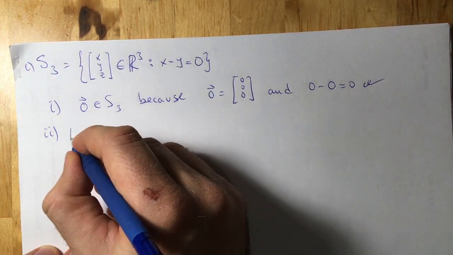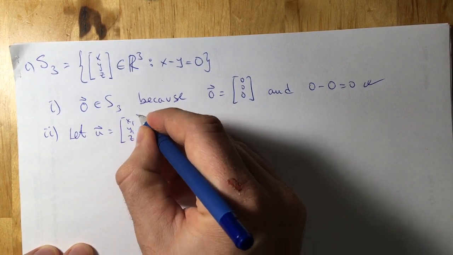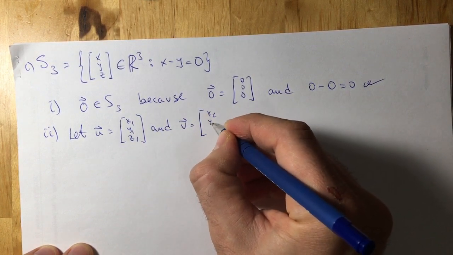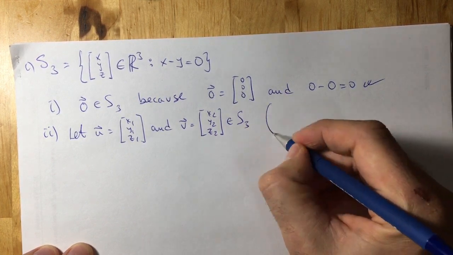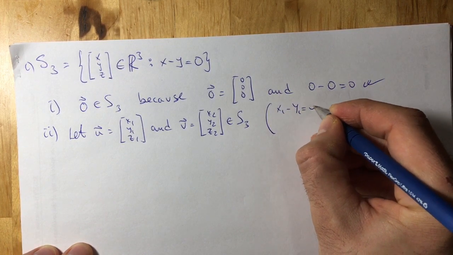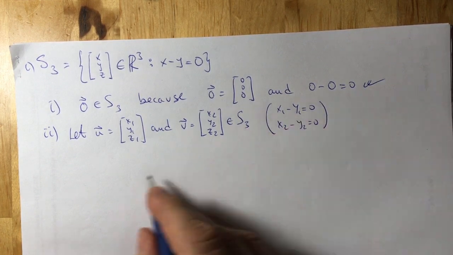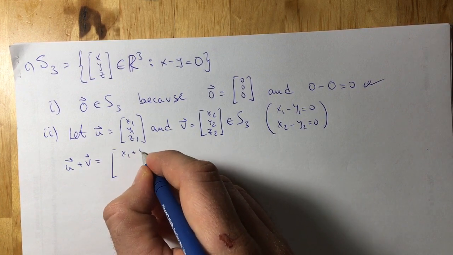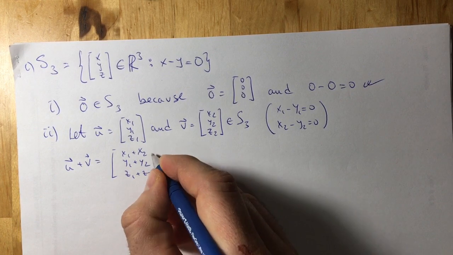Take two vectors in S3. That would mean that x1 minus y1 is 0 and x2 minus y2 is 0, and then add them. u plus v is equal to (x1 plus x2, y1 plus y2, z1 plus z2).